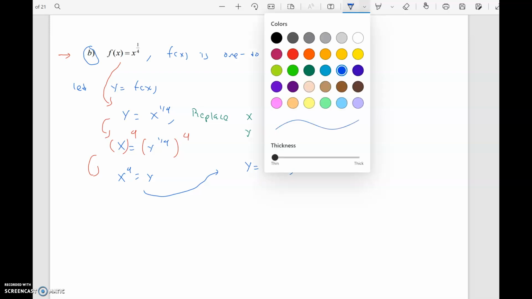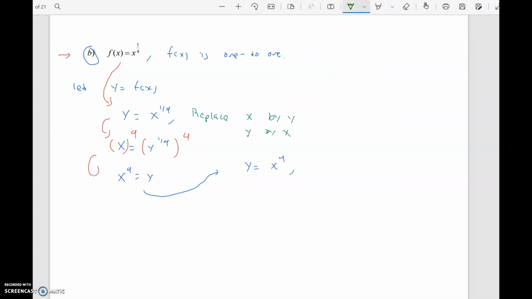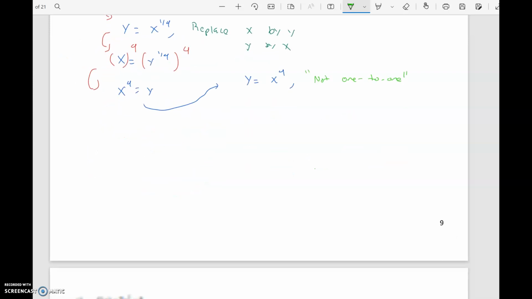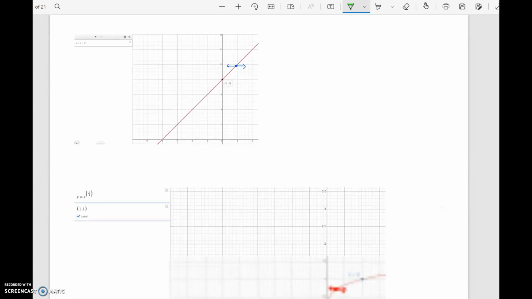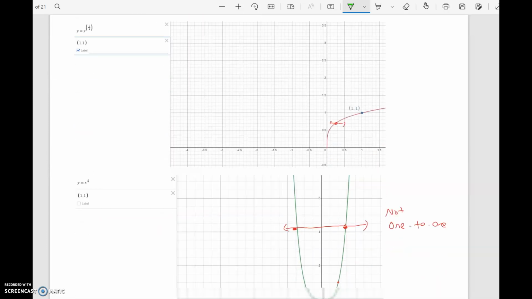But let me just put a disclaimer here. In this case, not 1-to-1. Now, in order to make it 1-to-1, we're going to have to pick a portion of the graph, and this is going to cut the graph into technically 2 pieces. And here's the basic idea.